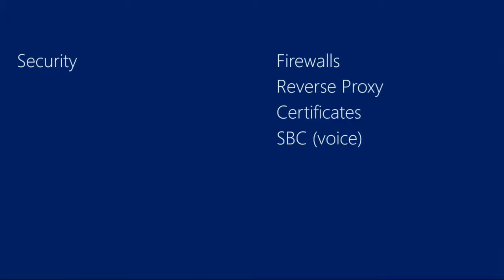Certificates. Lync uses public certs on the outside-facing components across the board. If you want to get really, really secure, you'll take your trusted root cert from the inside and send it to your business partners and ask them to put it on their edge server and give it to all their clients, and that's as secure as you can get, short of pulling the power out of it. I've done a couple of deployments that way.